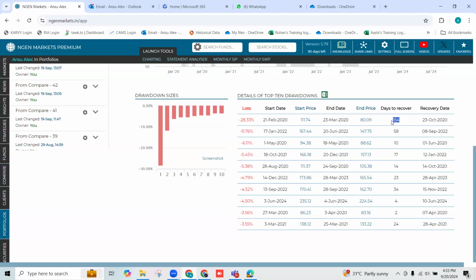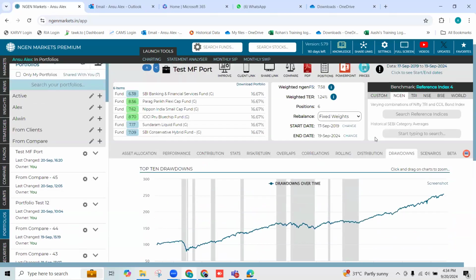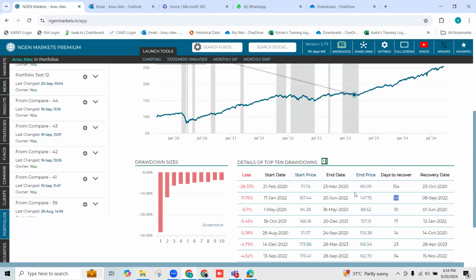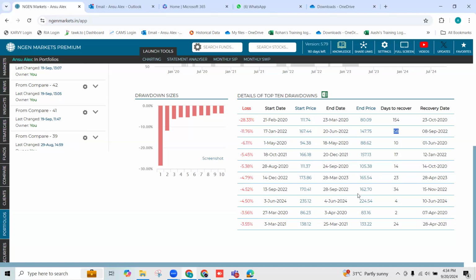If we do not look at this loss that was experienced, at max, this portfolio took a total of 58 days to recover, meaning you can stay invested in this portfolio, and based on its historical performance, at max it has taken 58 days to recover from any of the losses that have happened in the past, of course depending on the time period under consideration. So this lets you see that you can hold on to a portfolio based on its days to recover if we ignore this COVID phase.